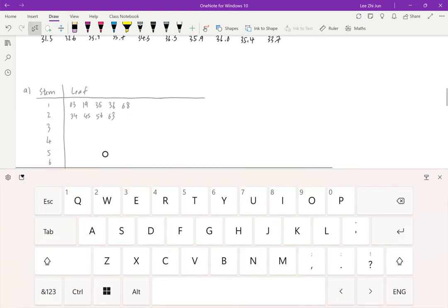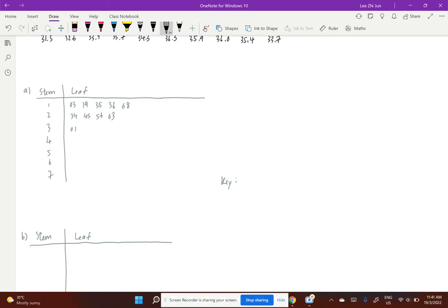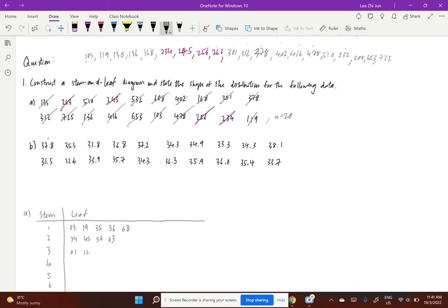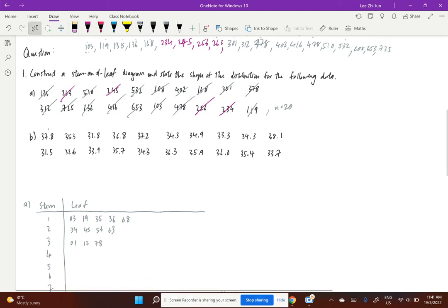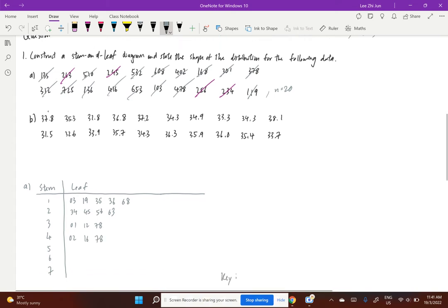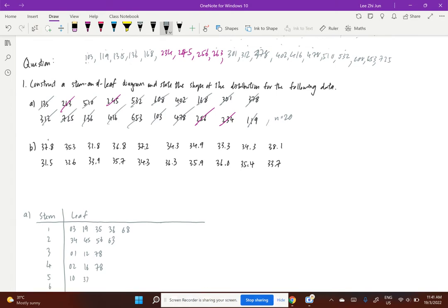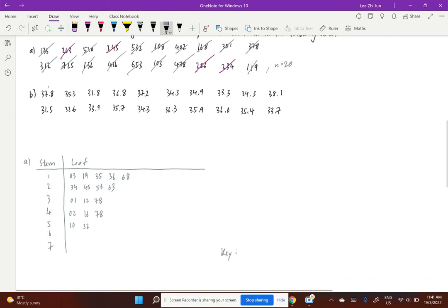The 300 has 0, 1, 1, 2, 7, 8. The 400 has 0, 2, 6, 7, 8 also. 500 has 1, 0, 3, 2. 6 has 0, 8 and 53, while 7 has 2, 5.